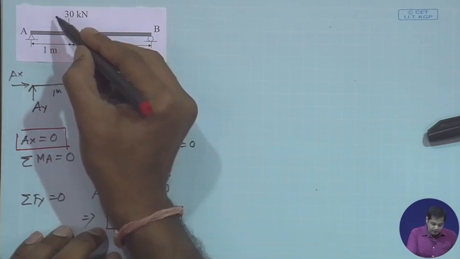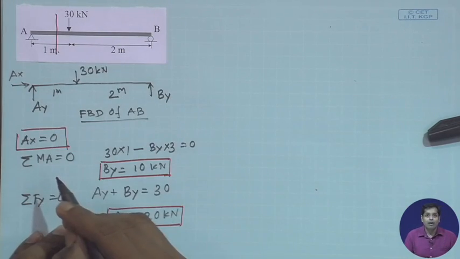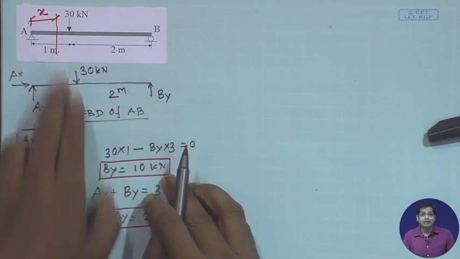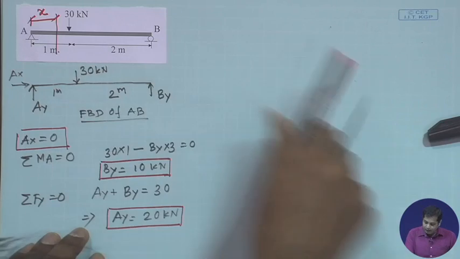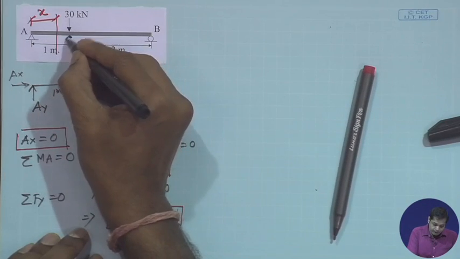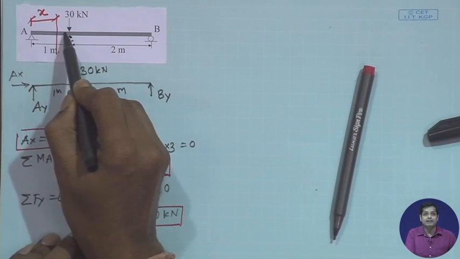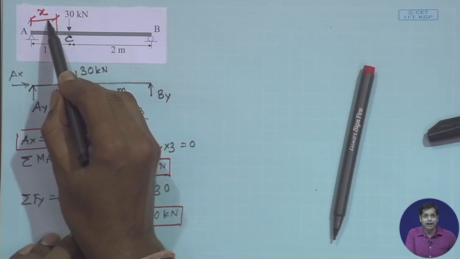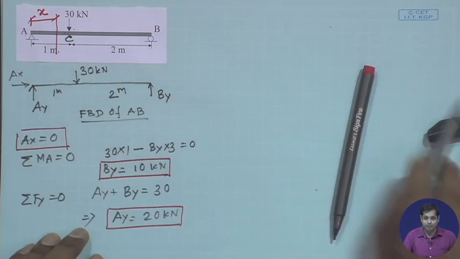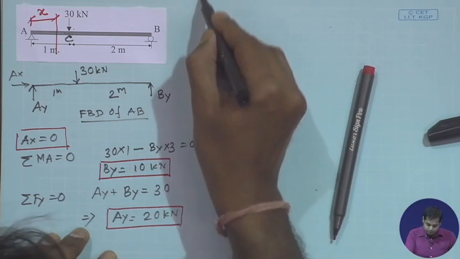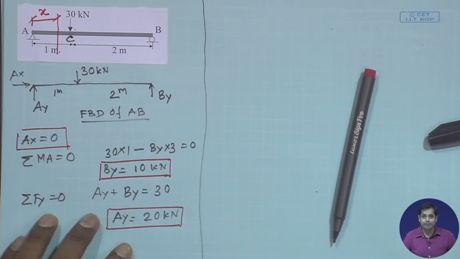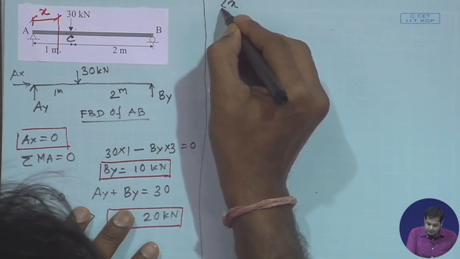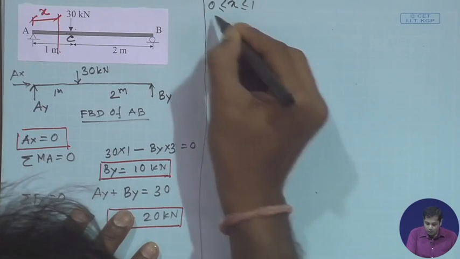First you take one section here at a distance x from A. This section is between point A and point C, between A and C. So the first case is x varies from 0 to 1.